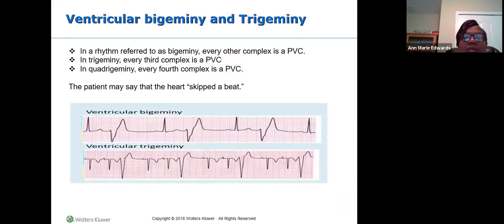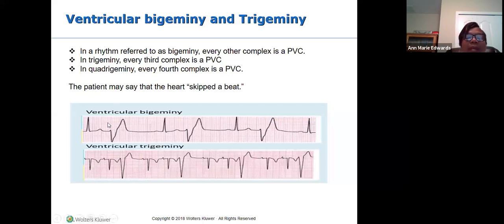We have this other rhythm called ventricular bigeminy and trigeminy. Now, in a rhythm referred to as bigeminy, every other complex is a PVC. So these are similar to PVCs, but based on the pattern of the PVCs, we call them bigeminy or trigeminy.